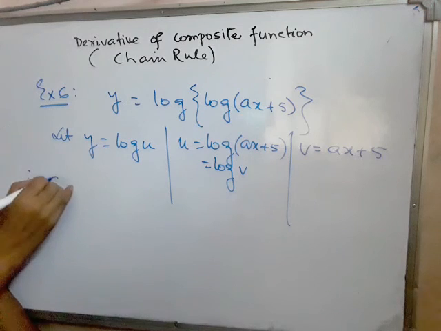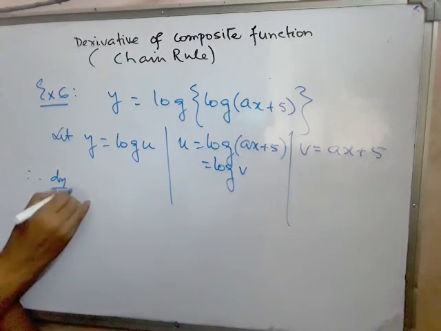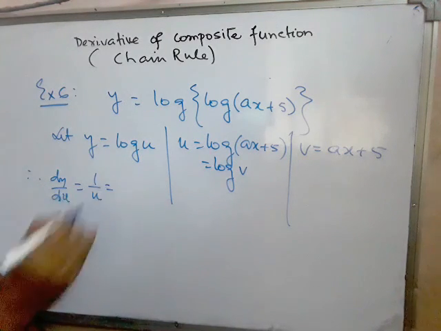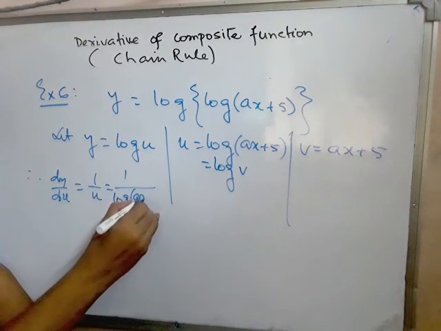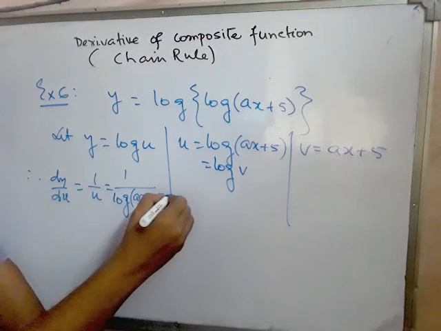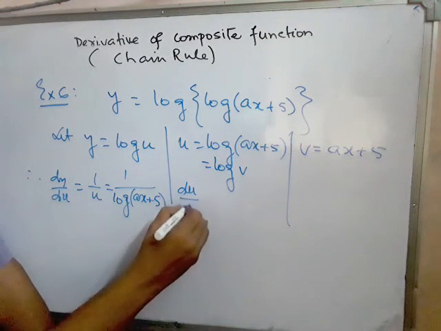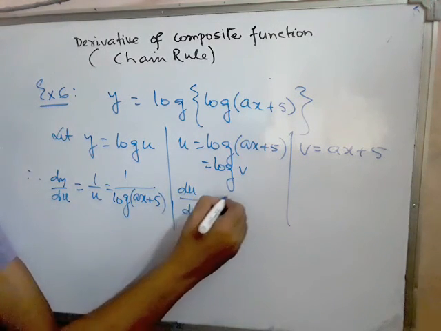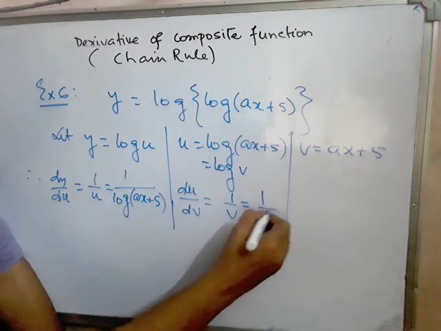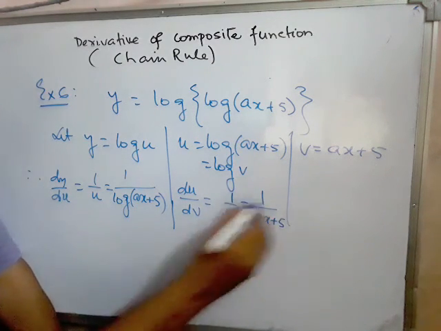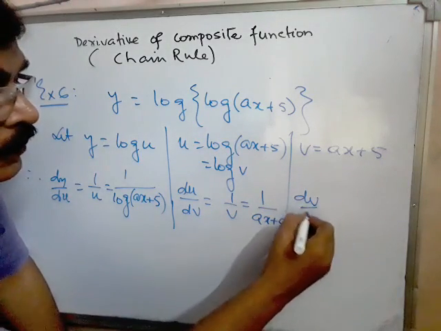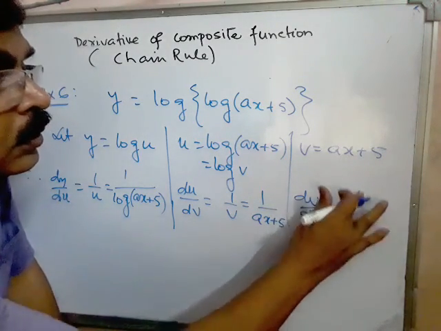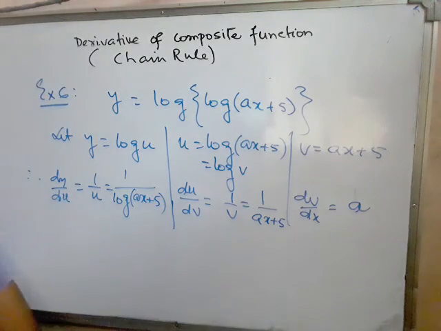Therefore dy by du equals 1 by u, that is 1 by log of ax plus 5. du by dv equals 1 by v, that is 1 by ax plus 5, and dv by dx equals a only.